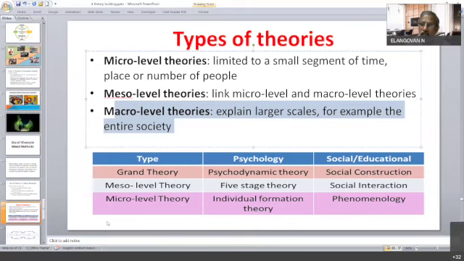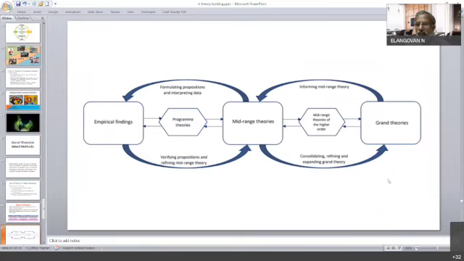So we need to understand that theories exist at different levels. This is how we can connect the smallest finding from your research to a micro level theory, to a mid-range theory, to a grand theory. You need to connect it also. So empirical findings, you connect to a mid-range theory.